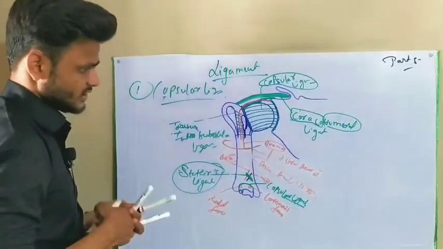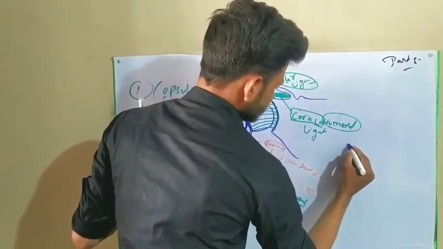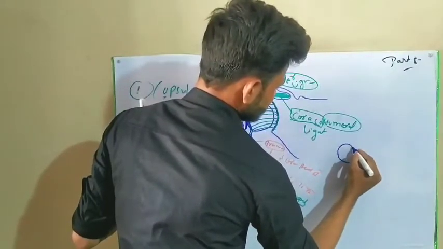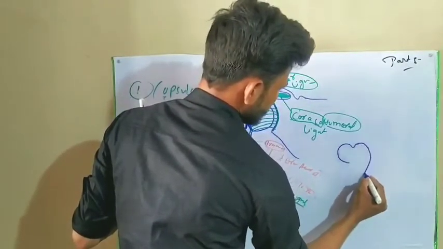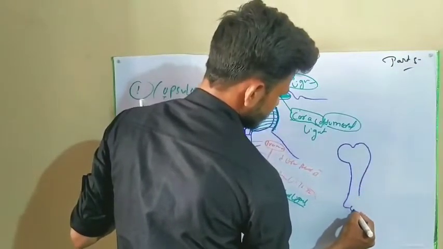On the posterior side, there is also one ligament. This is the posterior diagram.